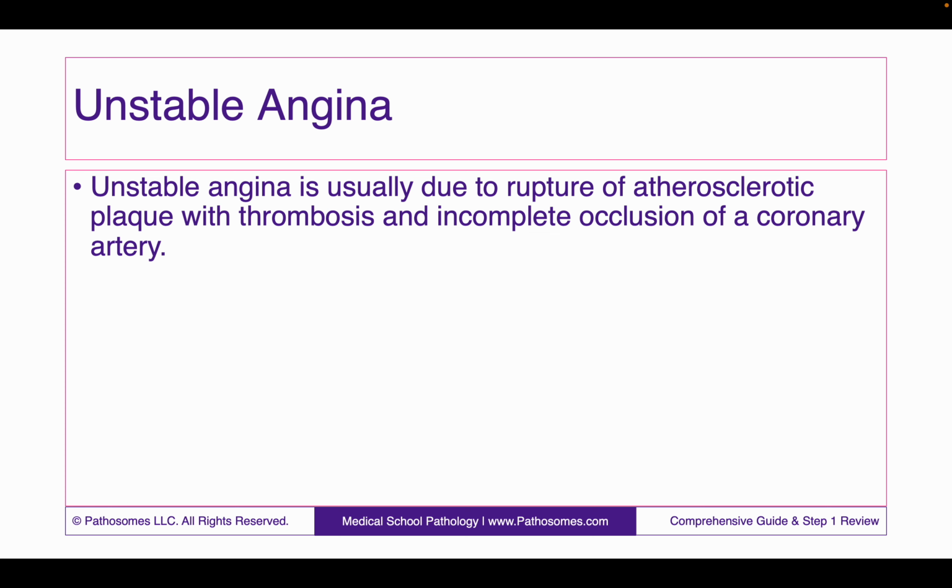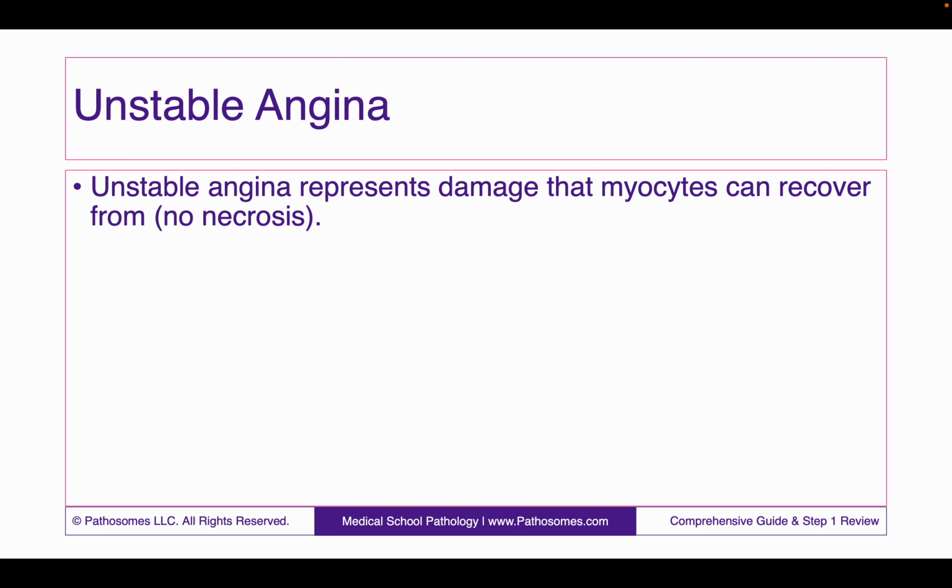Unstable angina is usually due to rupture of atherosclerotic plaque with thrombosis with incomplete occlusion of a coronary artery, such as the LAD or right coronary artery. Unstable angina represents damage that myocytes can recover from. Hence again, no necrosis.